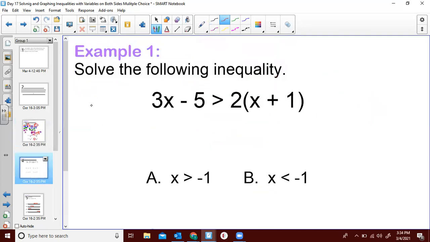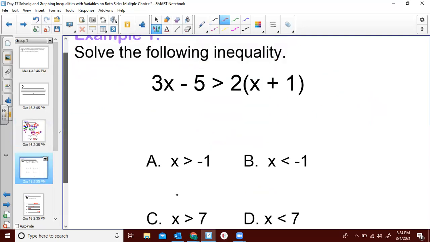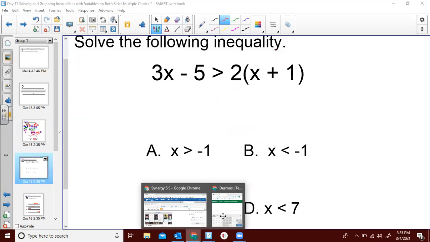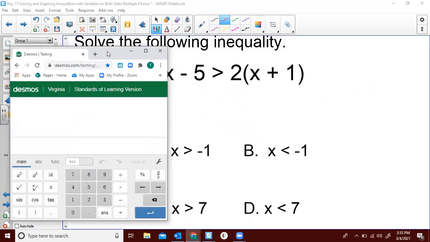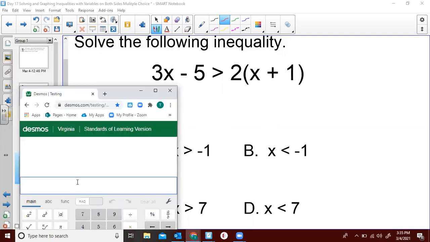All right, most of you are really big on using Desmos for this, so I'll pull Desmos up. First step is to put the left-hand side in. And in our case, it will be 3x minus 5. Hit enter. We're going to do 2 parentheses x plus 1. Enter. And then we're going to hit x equals, because that's our variable.